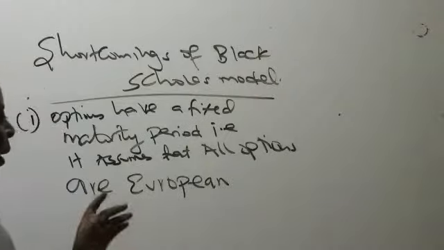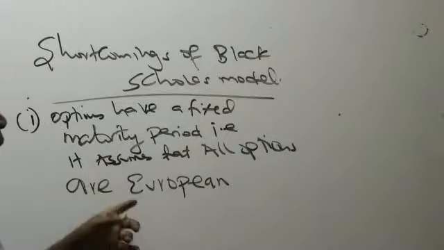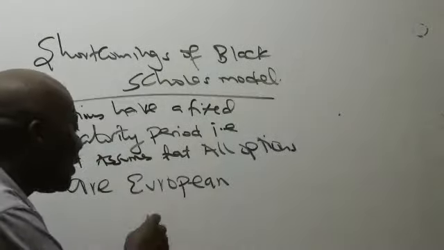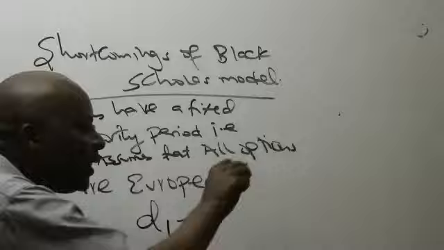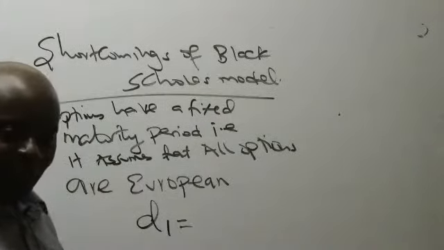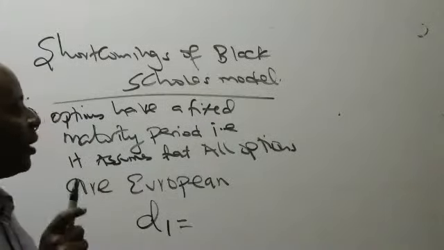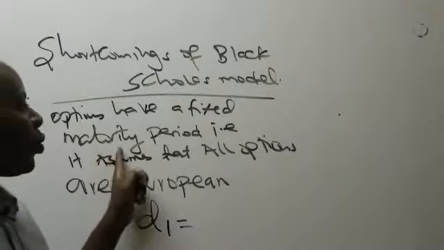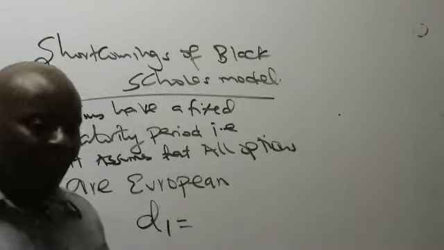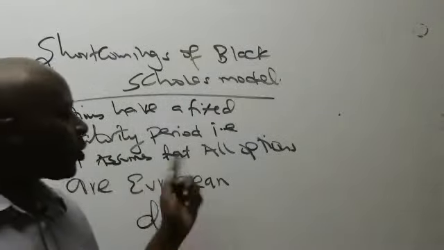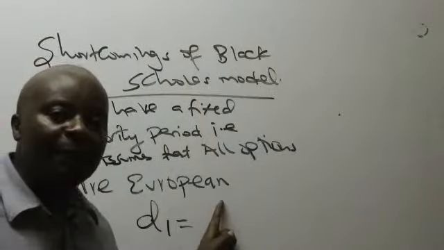So ladies and gentlemen, we are saying that options here have a fixed maturity. If you remember the D1, there is a T somewhere. So it assumes that all options in this case will mature after a definite period, meaning that it assumes that all options are European.